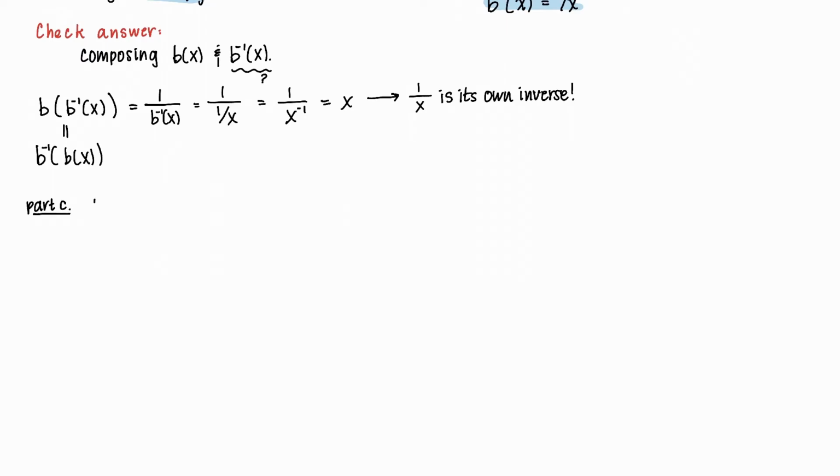Part C gives us that c of x is equal to the square root of x squared plus 3.